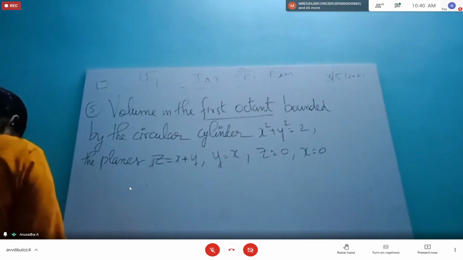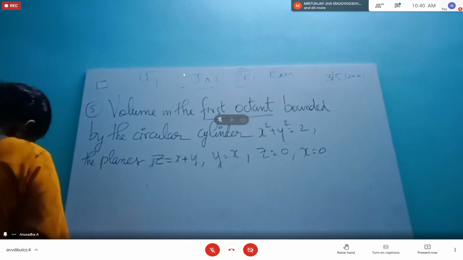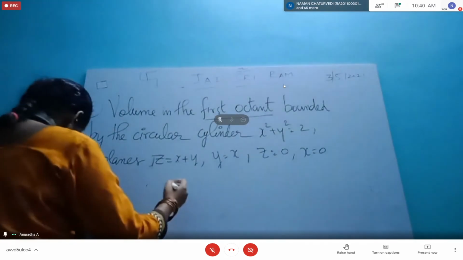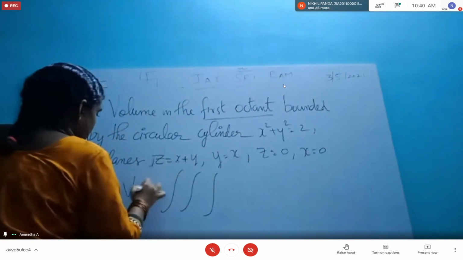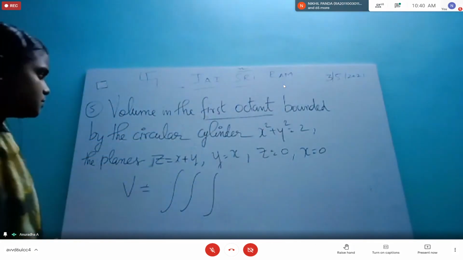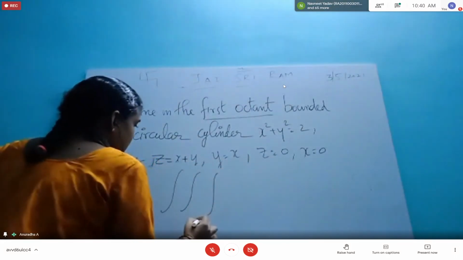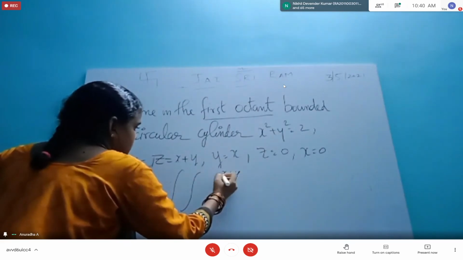Oh, they have given it in polar form. Okay, no problem. I will write volume, V equal to, only the first option they have asked. So first z limits, height 0 to x plus 1, z equal to.